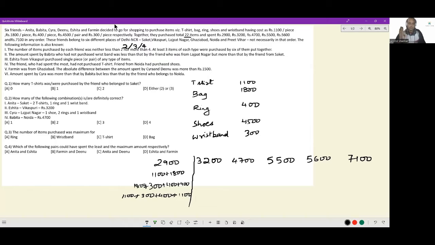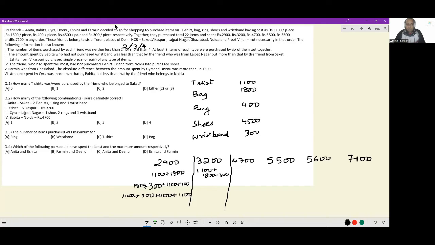For 3200, it is absolutely awesome. See, 3200, from 1100 you need 2100. So the only way this can be done is 11 plus 18 plus 300, 1100 plus 1800 plus 300.